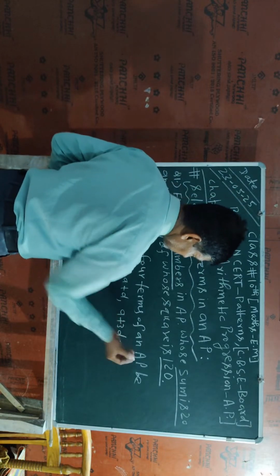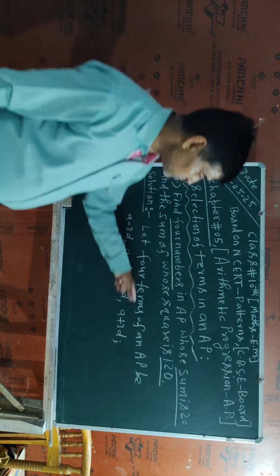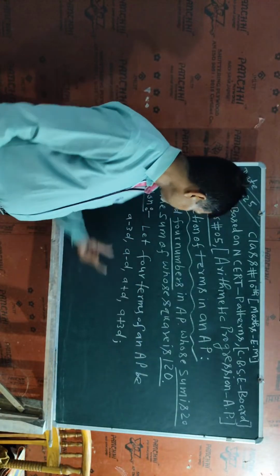I will say here let the four terms of an arithmetic progression be these terms.